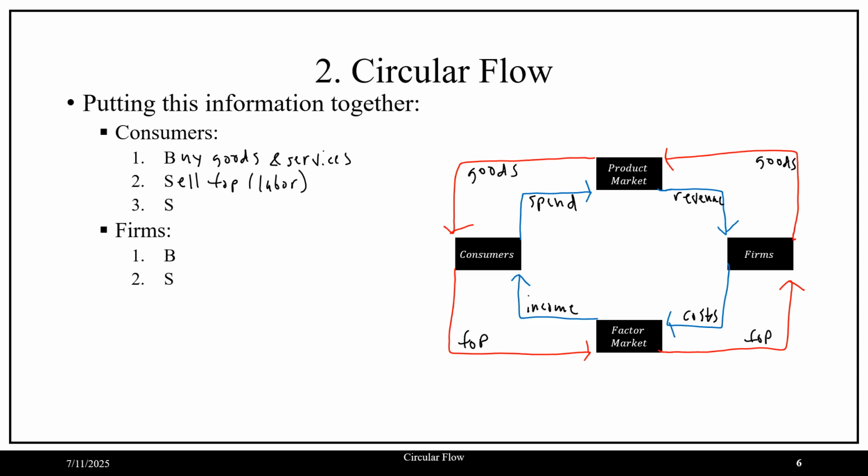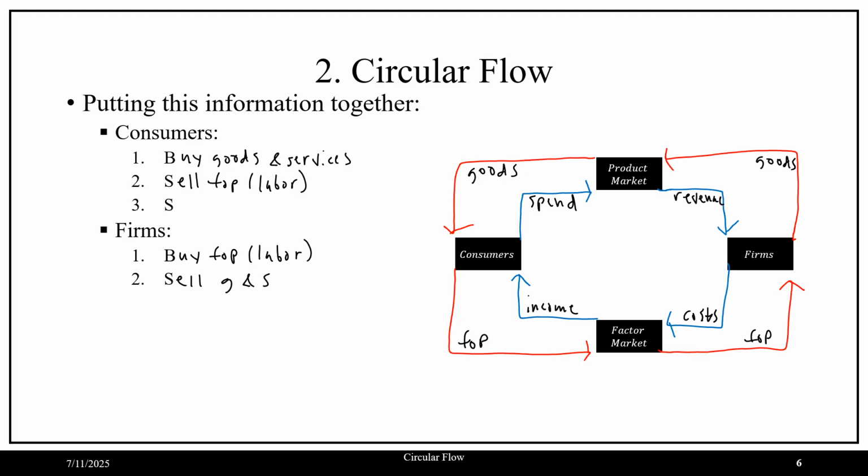On the firm side of things, firms, on the other hand, are a buyer. However, they are a buyer of factors of production such as labor so that they can make goods and services, where they sell those very same goods and services. This is a pretty good depiction of an economy.